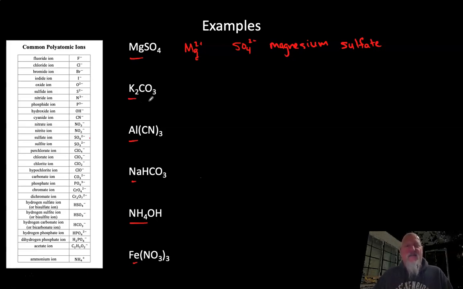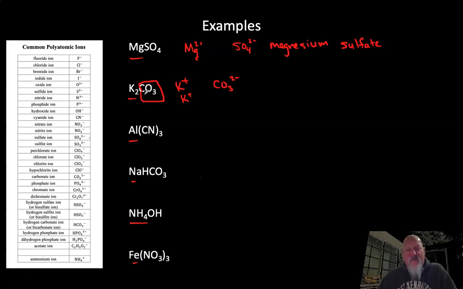Okay, next one, K2CO3. We've already identified this as an ionic compound because potassium, K, is a metal. So this is made of K+. Remember, potassium's in the first column, so its ion is just a single positive charge because it's only got one valence electron to give up. And there's two of those. So that must mean the CO3 is 2-, because everything else other than the K is the anion. There's only one CO3 sitting there, no parentheses like down here.